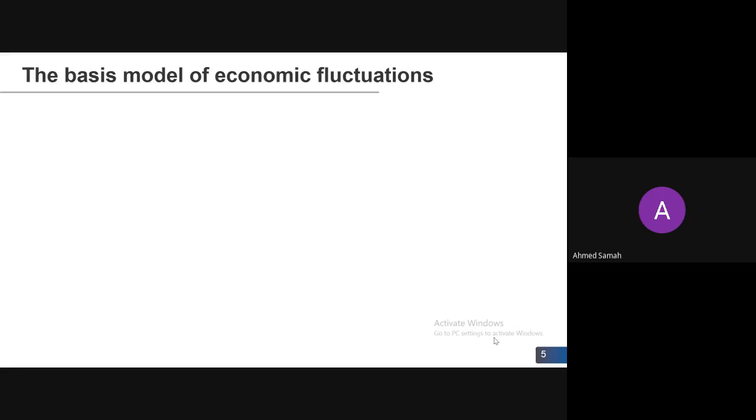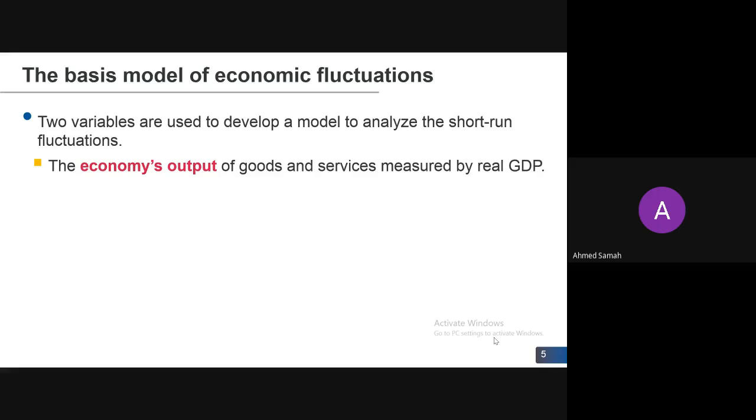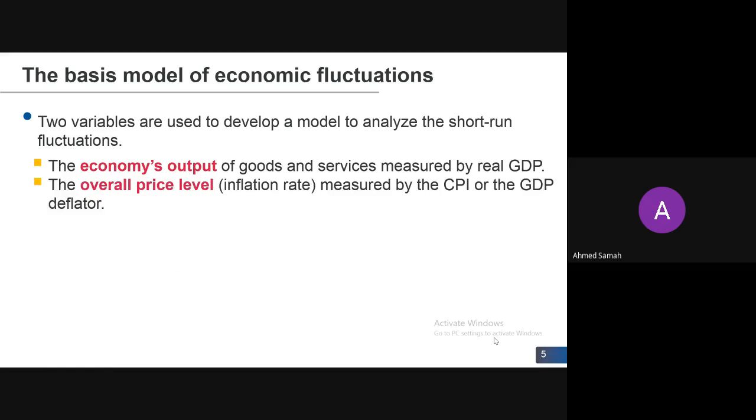So look at the basic model of economic fluctuations. We use two variables to develop a model to analyze short-run fluctuations. One of which is the economy's output of goods and services measured by the real GDP. So we use the output level of an economy. Then the other one is the overall price level.